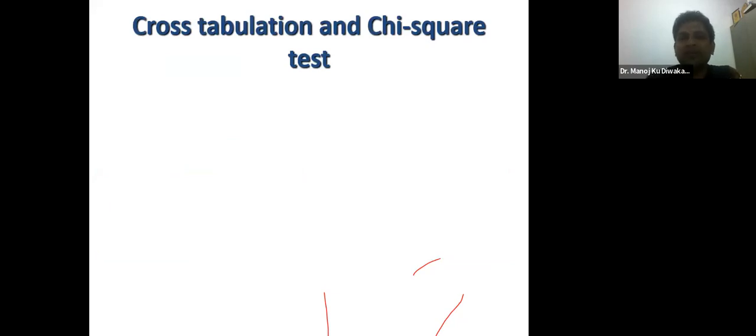So let's start with one of the most commonly used non-parametric methods, the chi-square test. Okay, so what do you understand by cross tabulation? As we already discussed, cross tabulation is nothing but you will have two categorical variables, two nominal data variables. You want to see the cross tabulation between the options of 1 and 2.